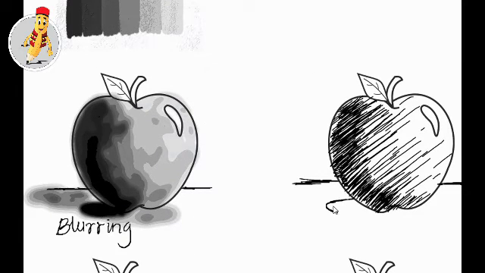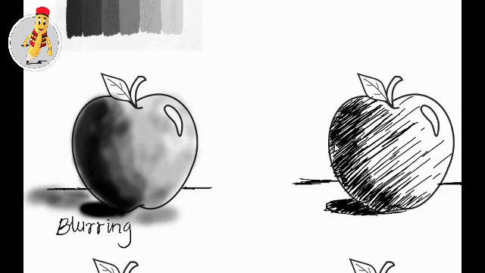I'm also going to put my cast shadow over here. So this is what the hatching technique looks like. This technique is good for illustrations that are done with pen and ink.